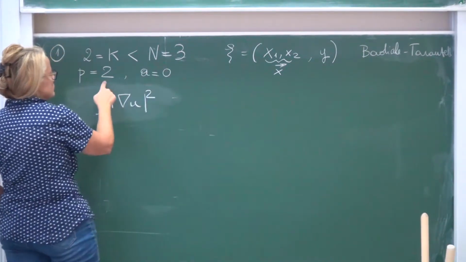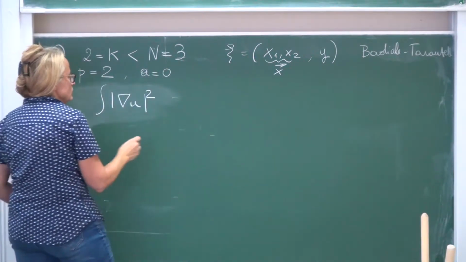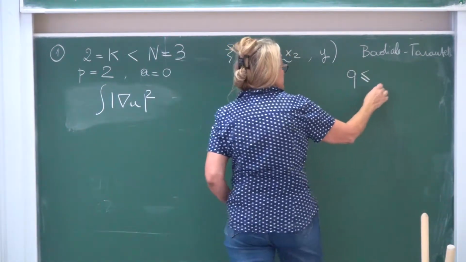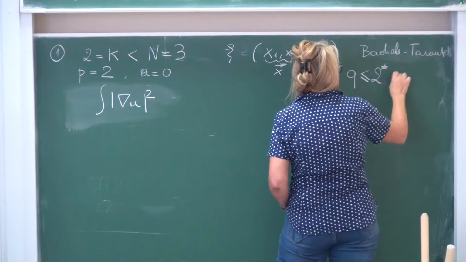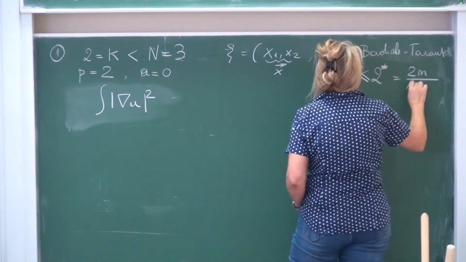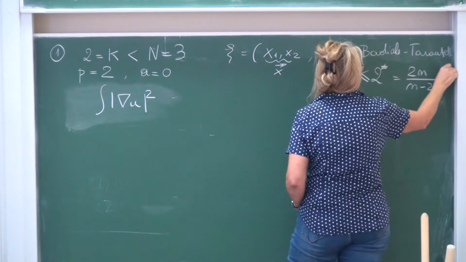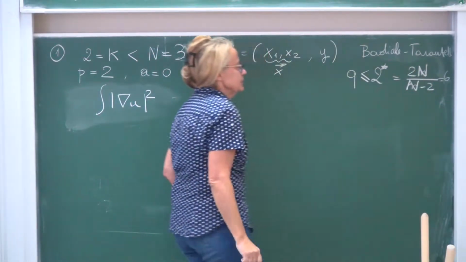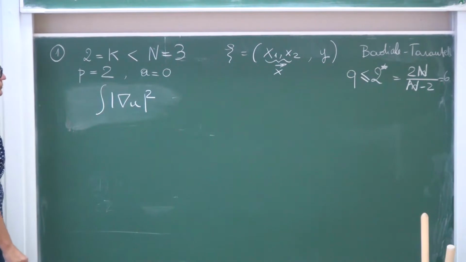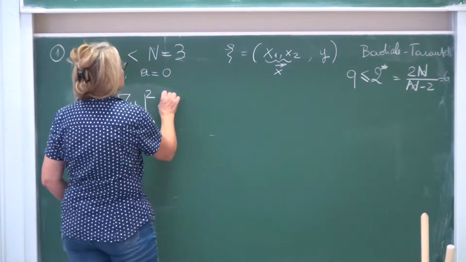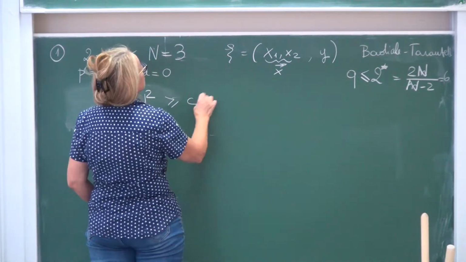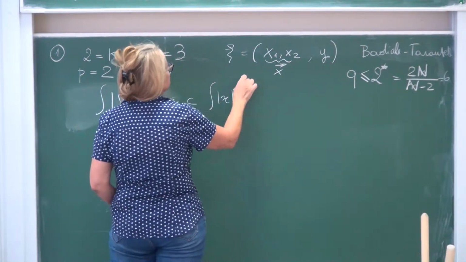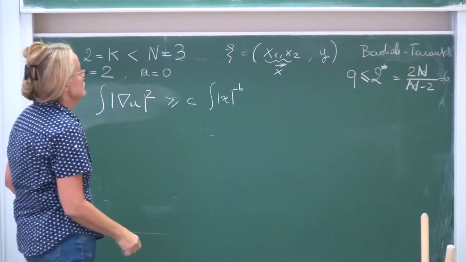Since n is 3, greater than 2, q must be taken smaller than the Sobolev exponent 2n over n minus 2, which is 6. This is capital N, since n is equal to 3. And this inequality holds with a positive constant. P is given by that formula.